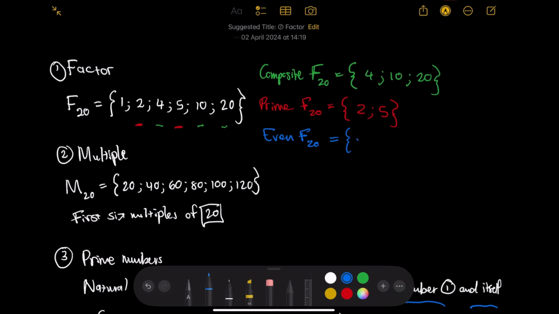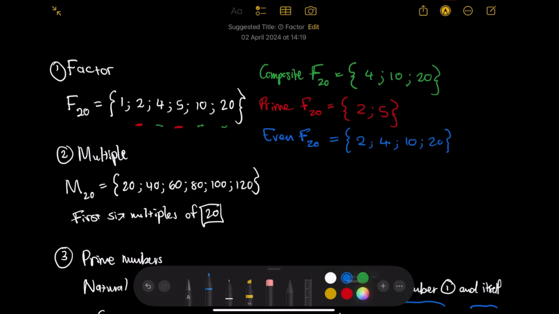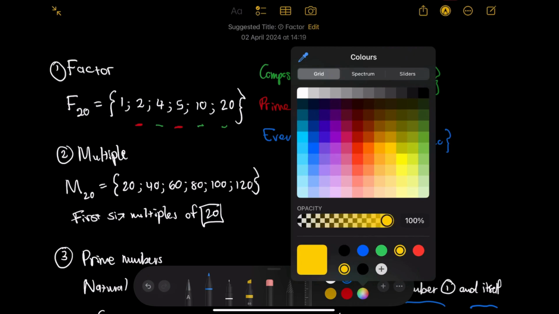Then what would that be? It would be 2, 10, and 20. Sorry, I left out a number there, so it would be 2, 4, 10, and 20.